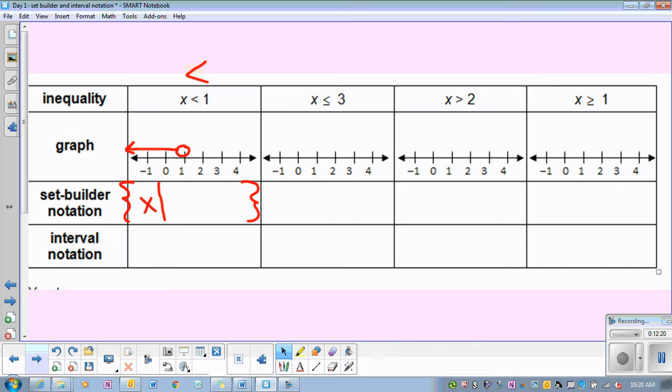Put that in there. That's all you have to do for set builder notation. Okay? Any questions about that? All right, I want you to try the next one, graph it, and do the set builder notation. And then check with a shoulder partner. Make sure you have the same answer.